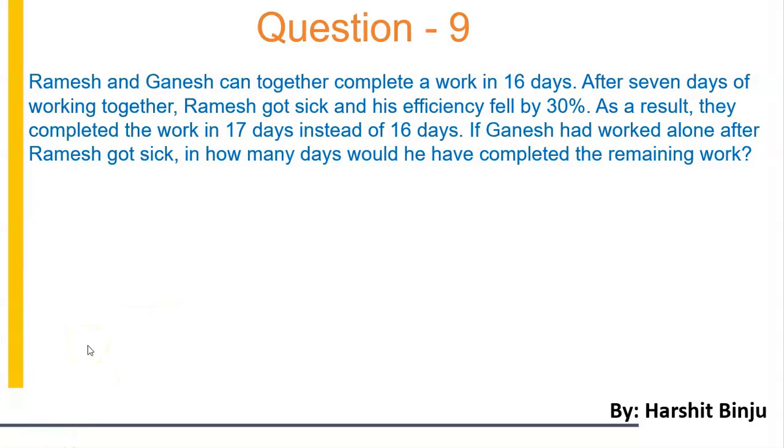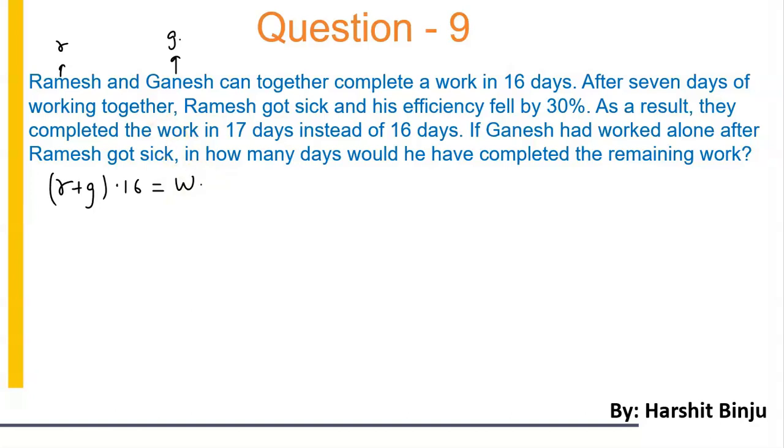Alright, so let's assume the efficiency of Ramesh to be R and that of Ganesh to be G. So R plus G into 16 is equal to total work done. Or you can assume total work to be 16 also, that's completely your call.